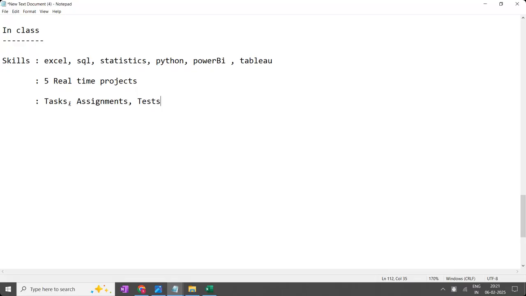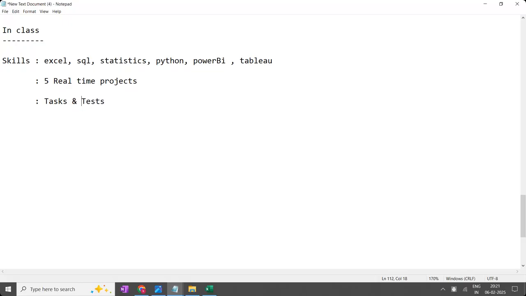Initially we'll share small-level tasks, and after that assignments, which are also tasks, some high-level tasks. Tasks will be there for daily practicing purpose, along with a test every alternate Saturday. That is, in a month, 2 Saturdays, 2 tests will be there.